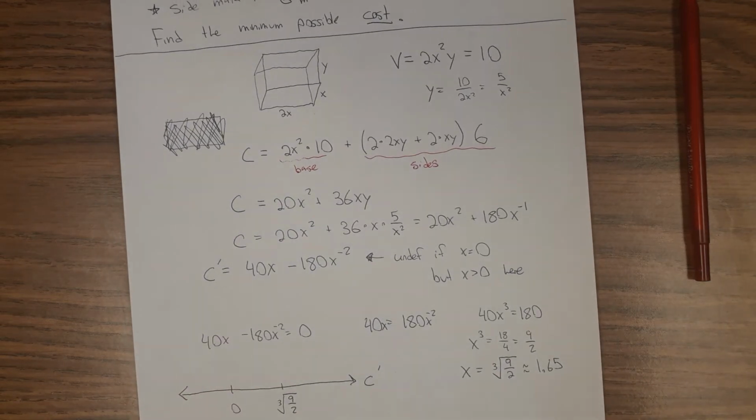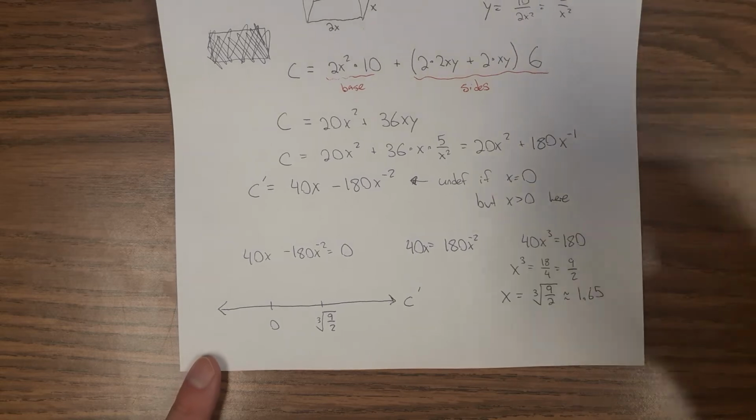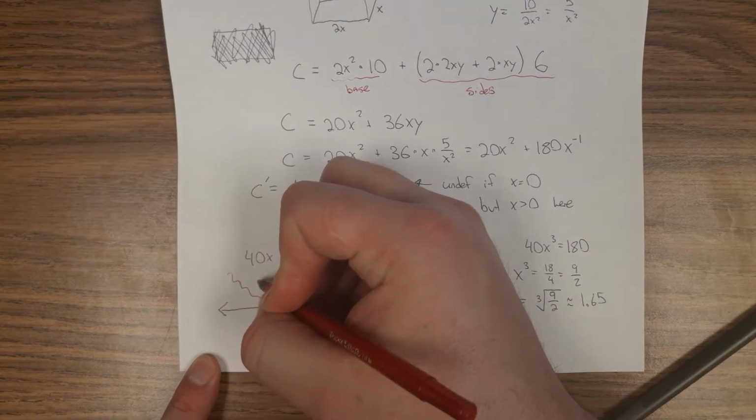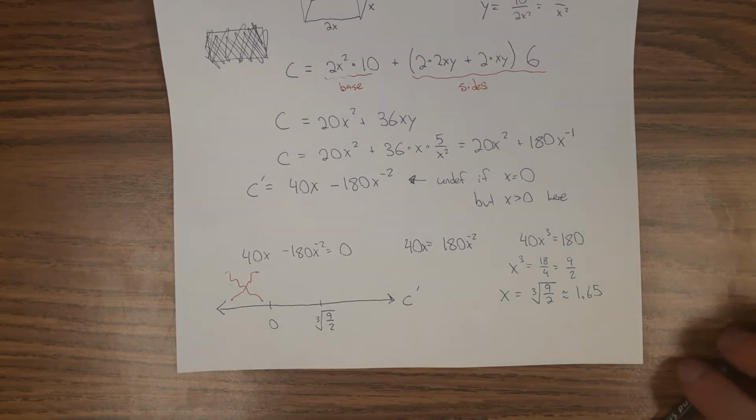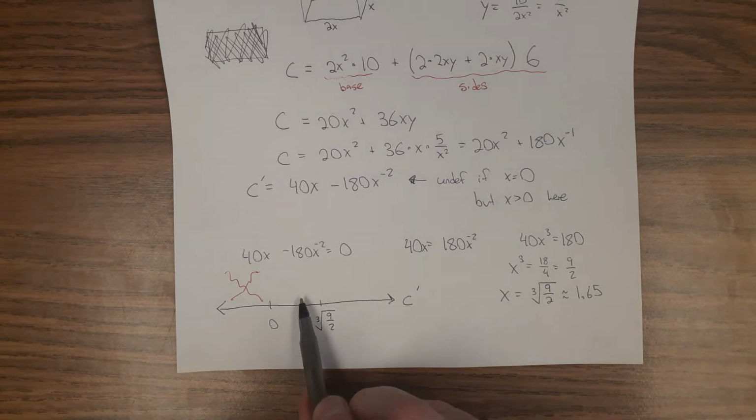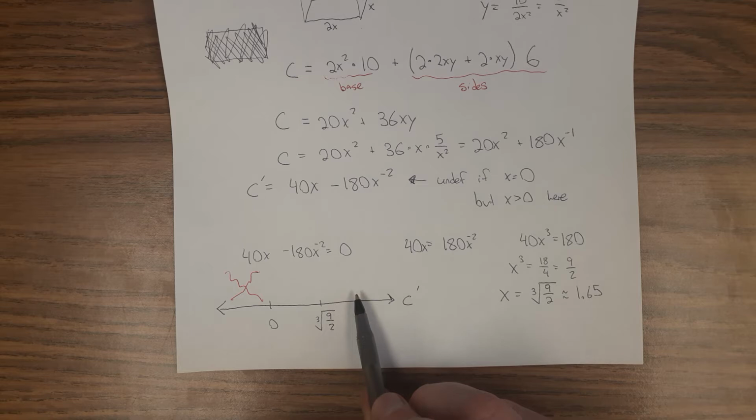So I'm making my number line, and we said that x should be positive, so I'm not going to put anything here. So I'm going to fill in a plus or a minus here and a plus or a minus here.